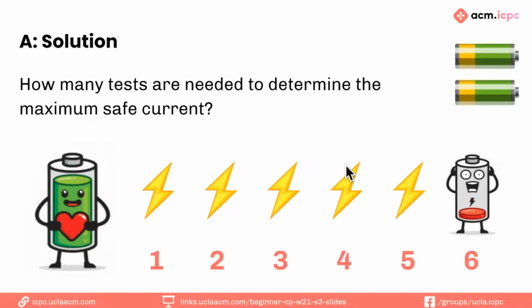So the question is, how many tests are needed to determine the maximum safe current? We want to figure out how to optimally make these tests under the assumption that we don't actually know where the maximum safe current is. So we need to account for the worst case in that sense. What we're going to do is call this tests of 6.